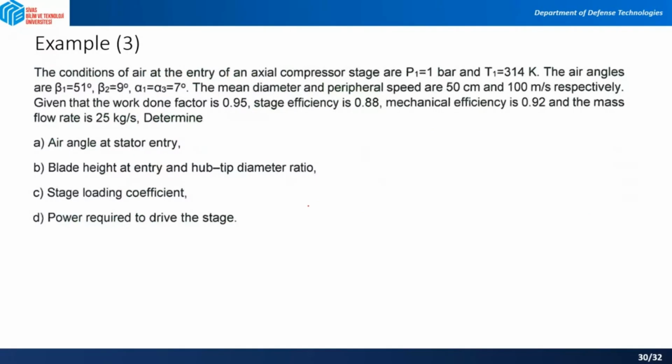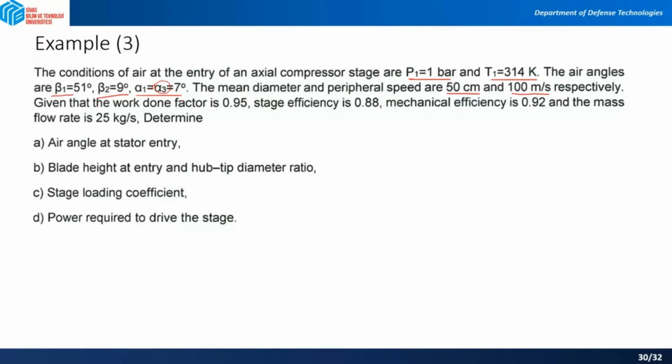This is the third example that we have. It gives the conditions of air at the entry of an axial compressor stage, 1 bar, 314. The air angles are given: beta 1, beta 2, alpha 1, and alpha 3. Alpha 3 means while it is leaving the stator. The mean diameter and peripheral speed are 50 centimeters and 100 meters per second respectively.